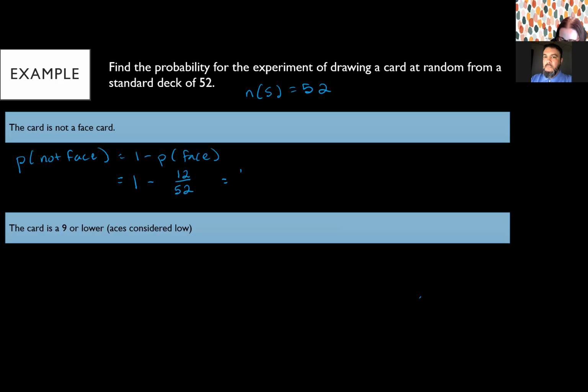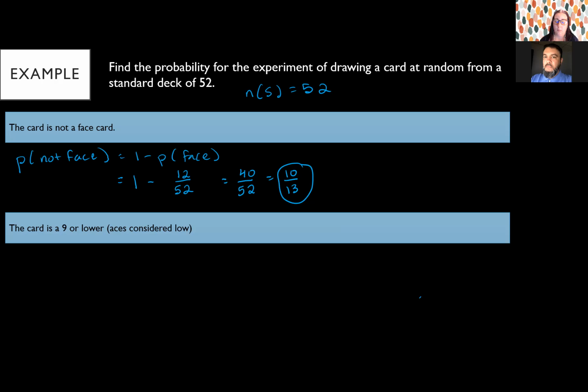So that gives us 40 out of 52 that are not face cards. And then I just use my calculator to reduce the fraction for me. You can reduce it by hand, but that reduces to 10 over 13. So the probability that we get a card that is not a face card is 10 over 13.